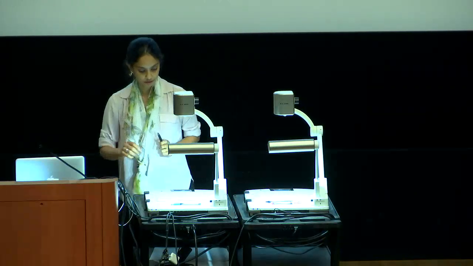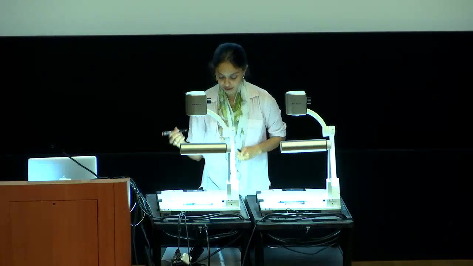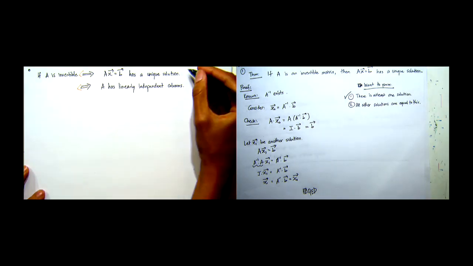So we're going to prove the second part later when you get to 16B. But you can know that this implication actually holds both ways, in the case where A is a square matrix.